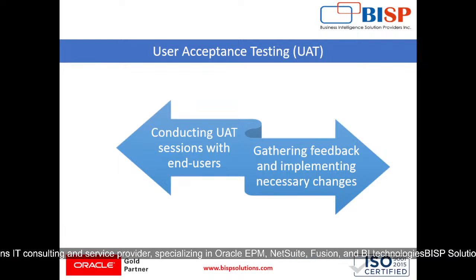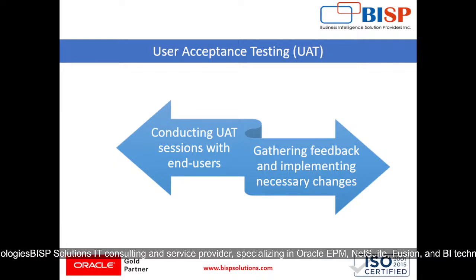Then comes our most important thing, which is user acceptance testing, UAT, where firstly we will be conducting a UAT session with end users. So UAT involves real users testing the system to ensure it meets business requirements before going live.